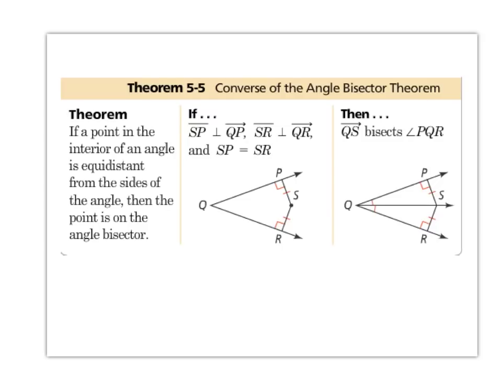So SP is perpendicular to QP, and SR and QR are perpendicular, and we see that SP and SR are equal, or congruent. Then because of that, S must lie on this angle bisector that we see cuts this angle exactly in half there.